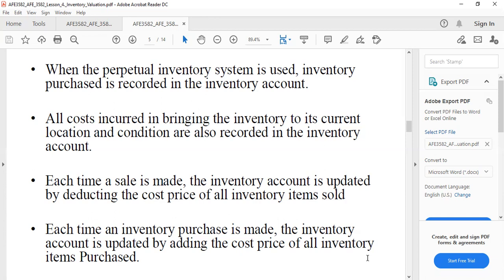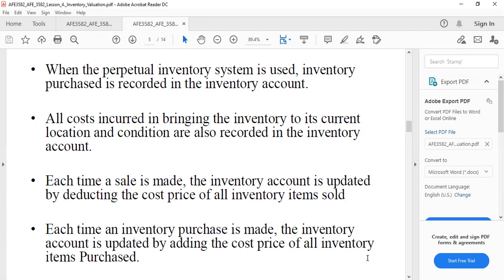Let me say you had five in your inventory account, you recorded 5 pairs of shoes, ne? And they all cost $50 each. So what is the total cost? It's 250, right? Now, what happens if you decide to sell 2 pairs of shoes? Meaning that you need to deduct their cost price. And 2 pairs of shoes, their cost price is how much?